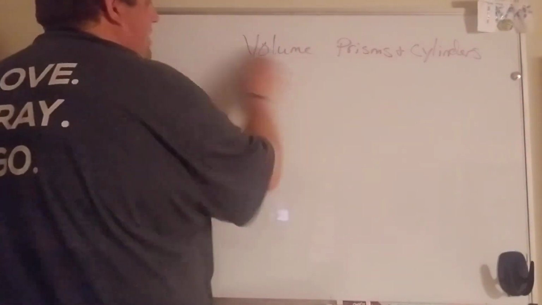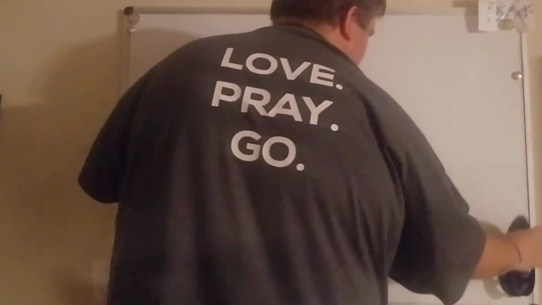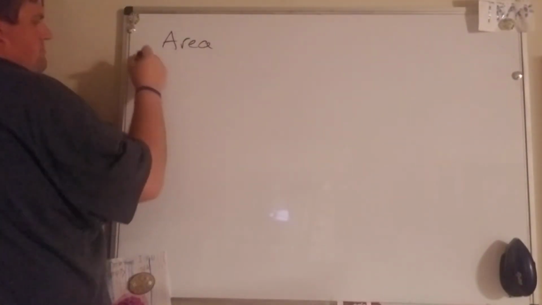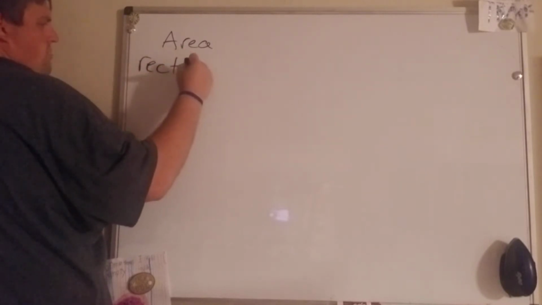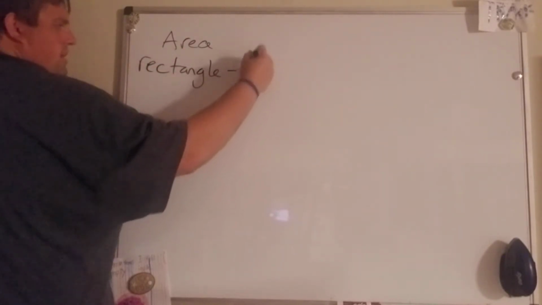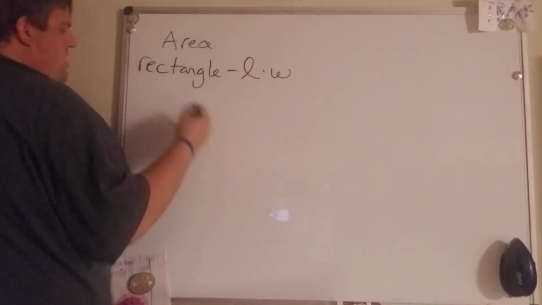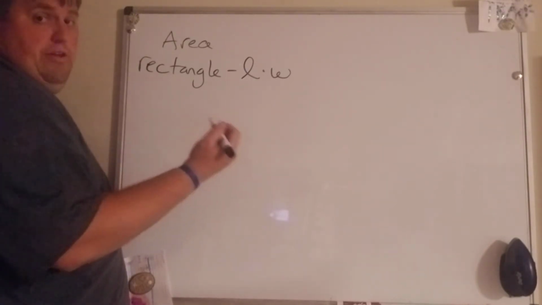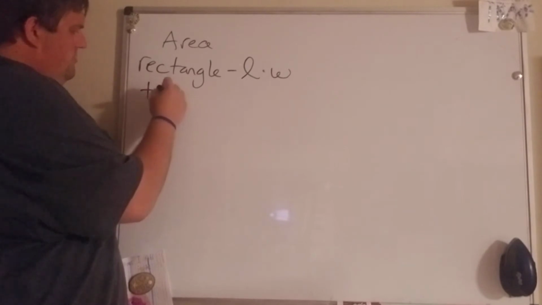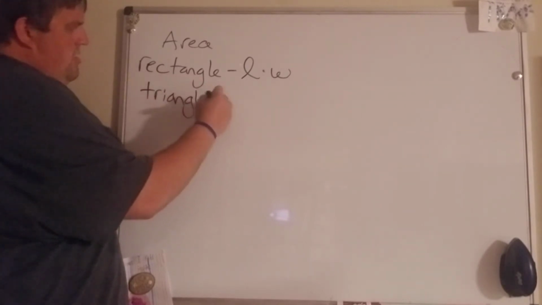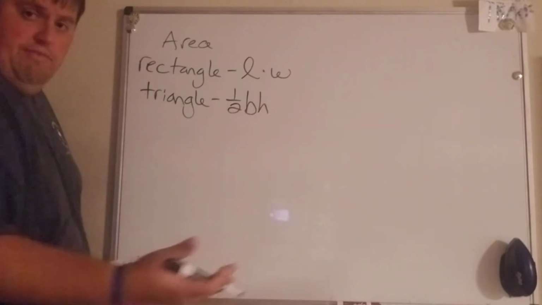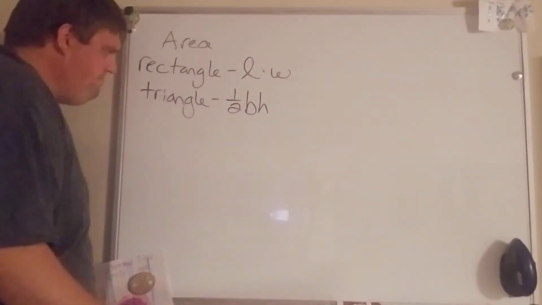Now, things that you do need to know how to find the area of. You should know how to find the area of a rectangle, which is length times width. You should know a triangle, which is 1/2 base times height, or base times height divided by 2, however you learn that.